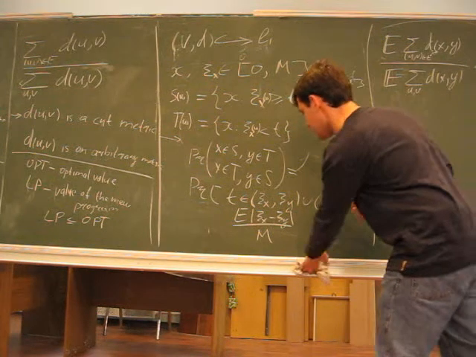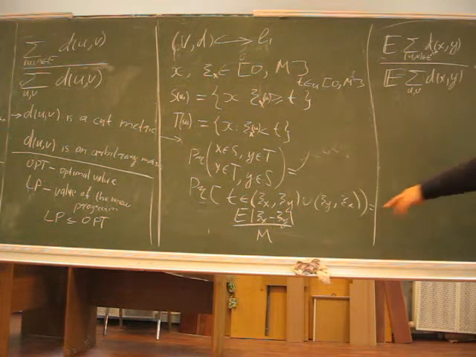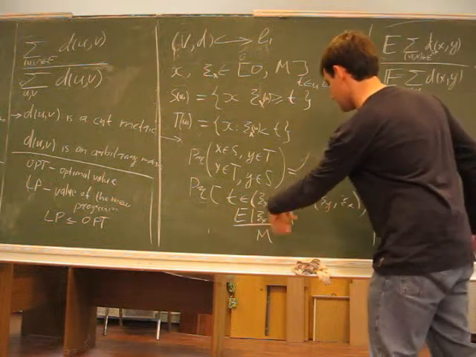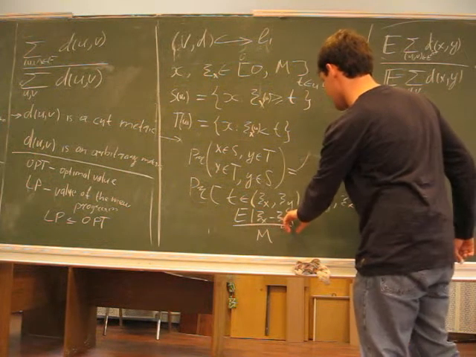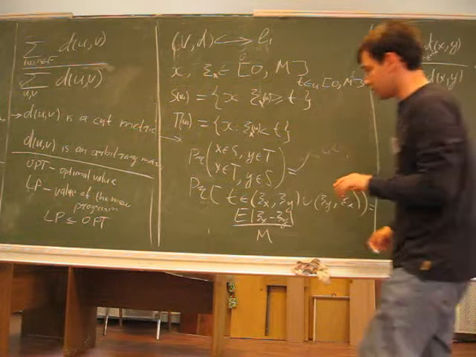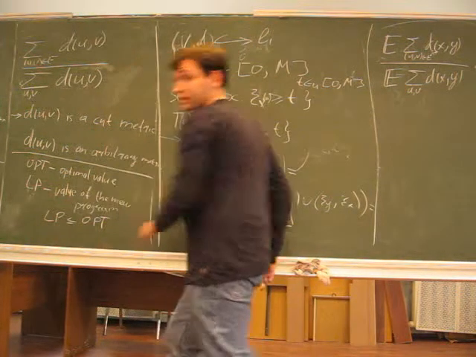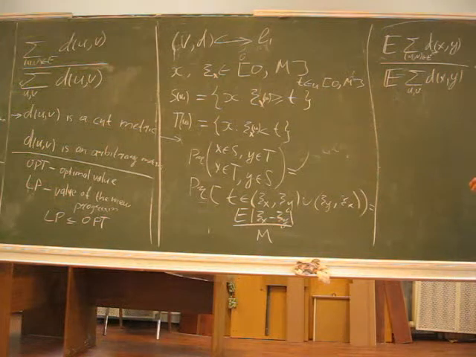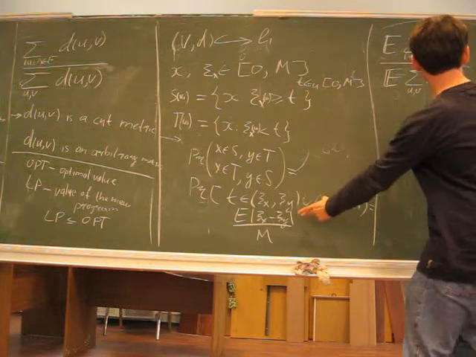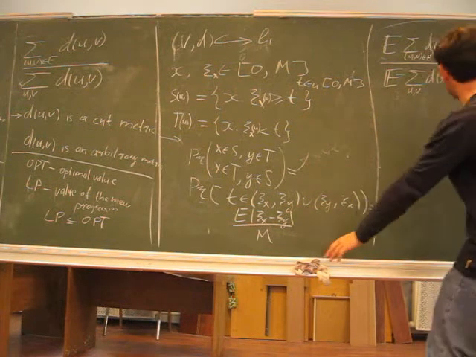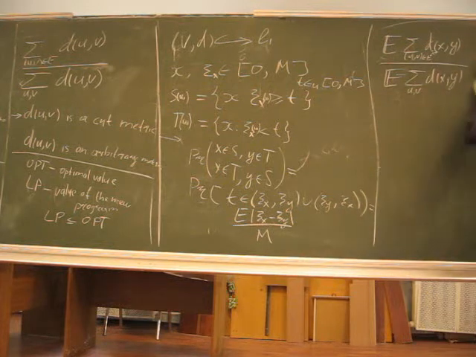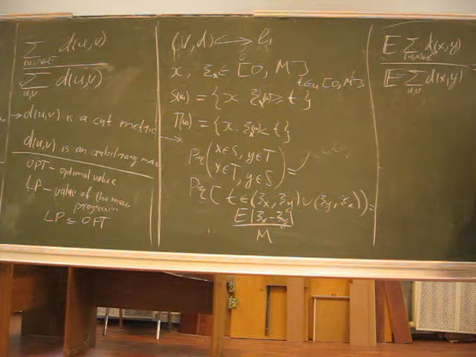If we didn't have any distortion, then we would just have the L1 difference between Cx and Cy, and this would be equal to just the LP. But because we have distortion, we could lose a log n factor. So we have this expression. This is equal to the sum over edges UV of Cx minus Cy.